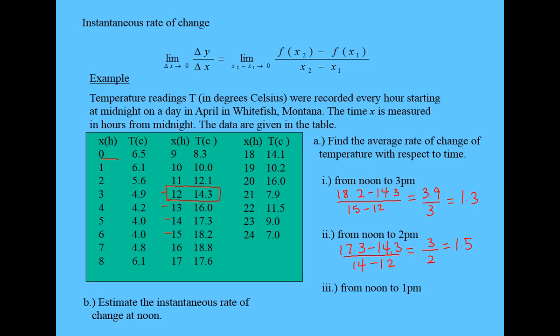And from noon to 1, we would have 16 minus 14.3 divided by 13 minus 12. That looks like 1.7 divided by 1.